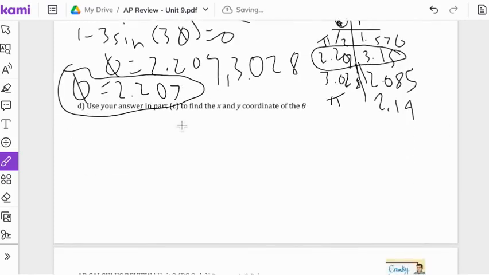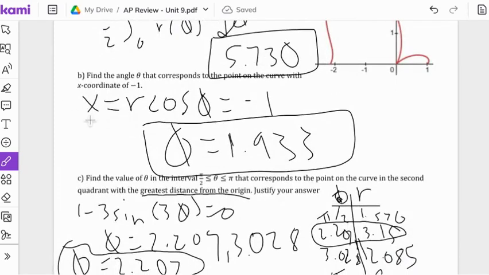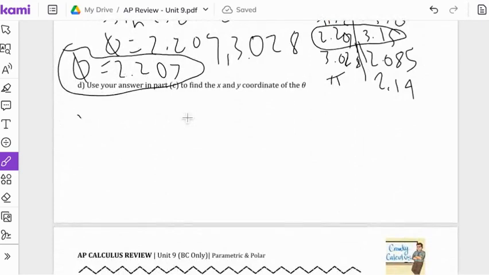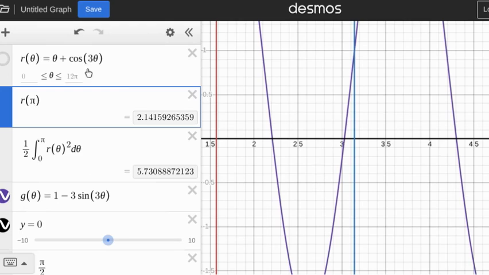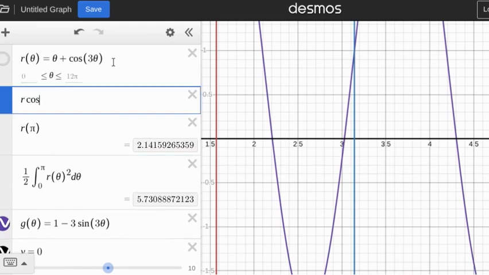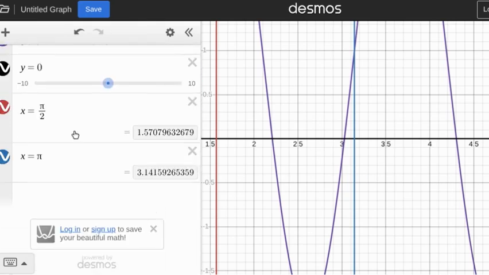Okay, finally, use your answer in part C to find the x and y coordinate of r at point theta. So again, we just use this equation, and we also use y equals r sine theta. So that equals r cosine of 2.207, or well, let's see what exactly it was since we have it here.